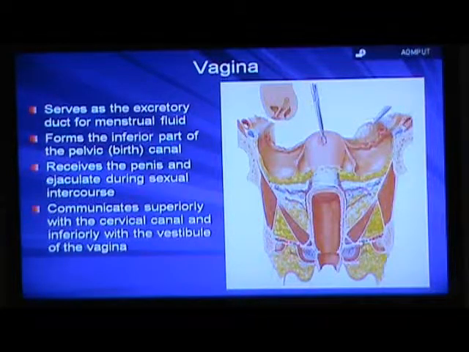The vagina serves as the excretory duct for menstrual fluid, forms the inferior part of the birth canal, and receives the penis and ejaculate during sexual intercourse. The vagina communicates superiorly with the cervical canal and inferiorly with the vestibule of the vagina. I need to emphasize it, because this term is very important, the vestibule of the vagina.